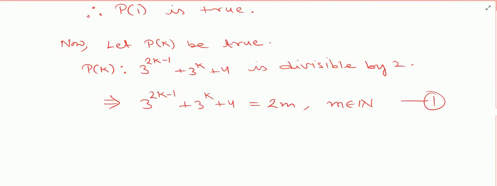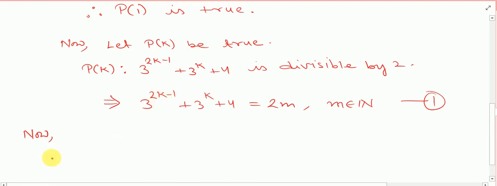Okay, now we have to show that Pk plus 1 is also true. Okay, so for that now you have to copy the same expression. The only thing is wherever there is k, replace by k plus 1.